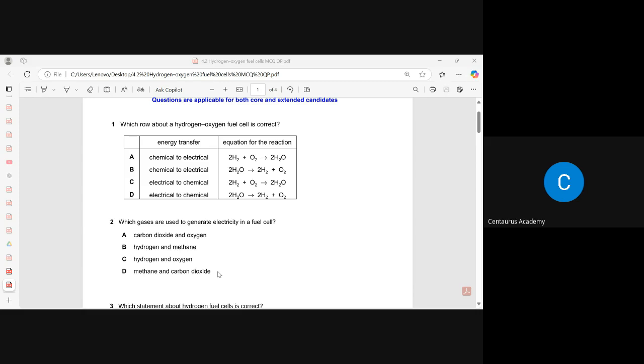Here, water is the only product, which is completely harmless, and the energy transfer is from chemical to electrical.